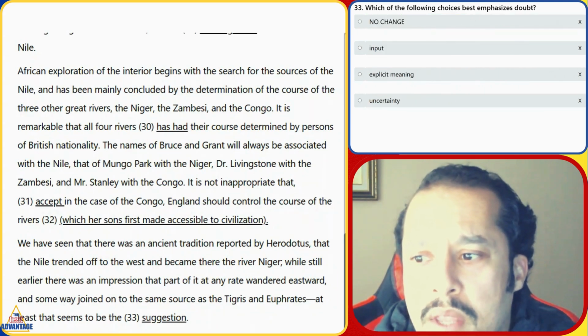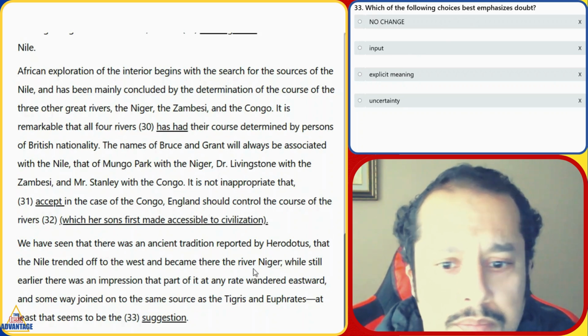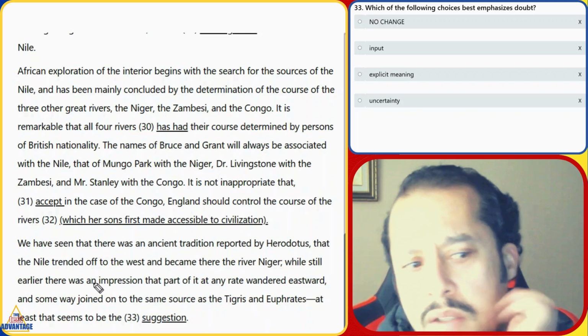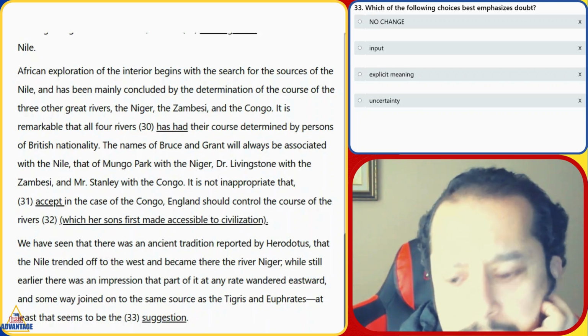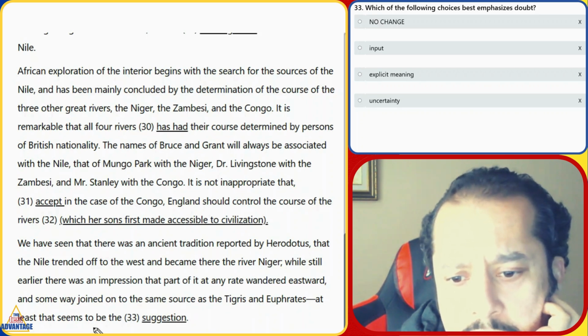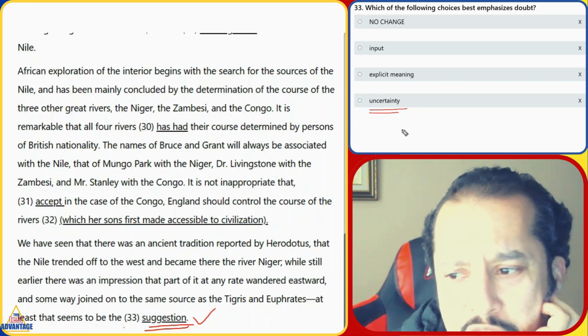Which of the following expresses doubt? This is a vocabulary style question. So here, let's see. Well, still wandered. At least that seems to be the suggestion. No, within the suggestion, maybe that seems to be the uncertainty.